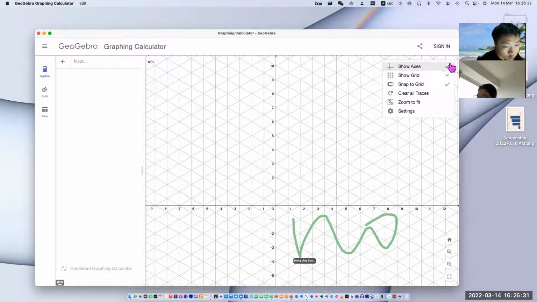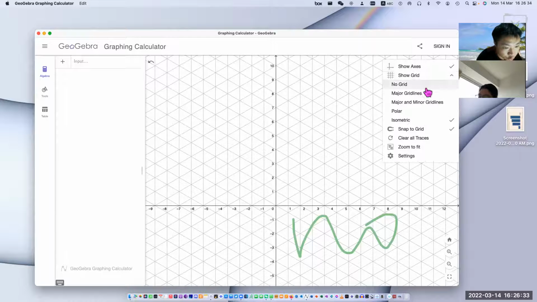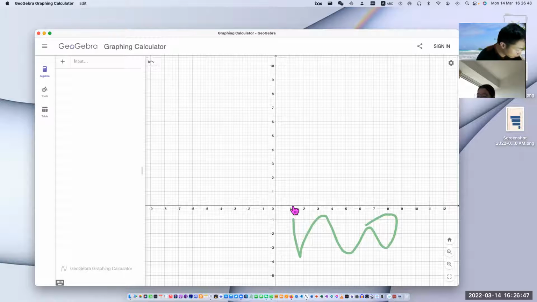If you don't have graph paper, you should go and get yourself one set from your bookshop, because ultimately you need to use this graph paper. Let me just get the graph paper out first.